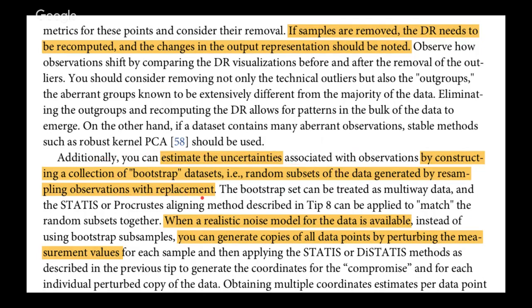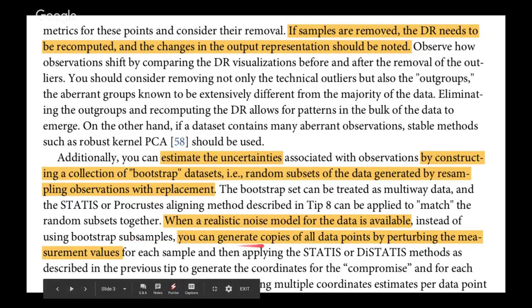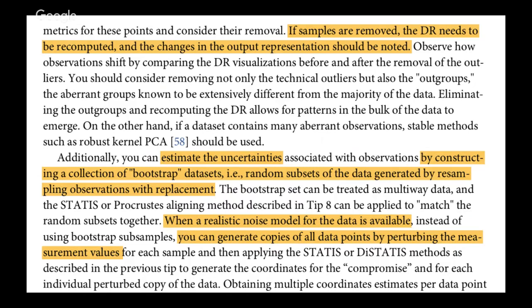The other way of doing it is, when realistic noise models for the data are available, instead of using bootstrap samples, you can generate copies of all the data points by perturbing the measurement values, right? And they mentioned a case where STATIS will allow you to do that for the coordinates of the compromise.